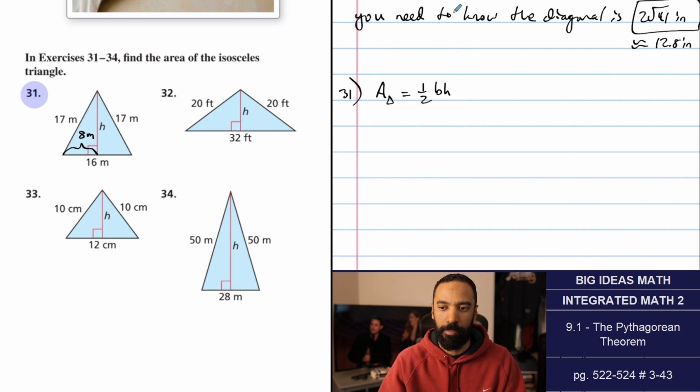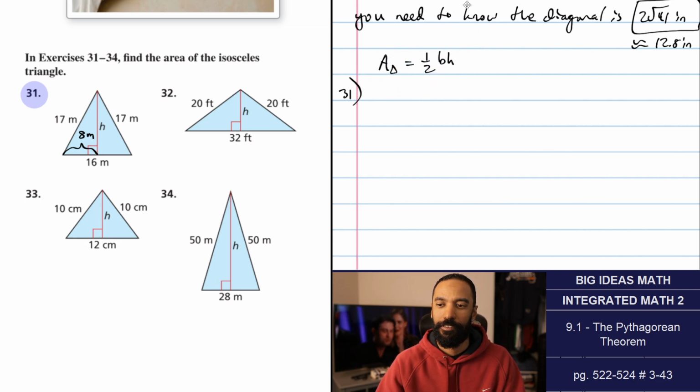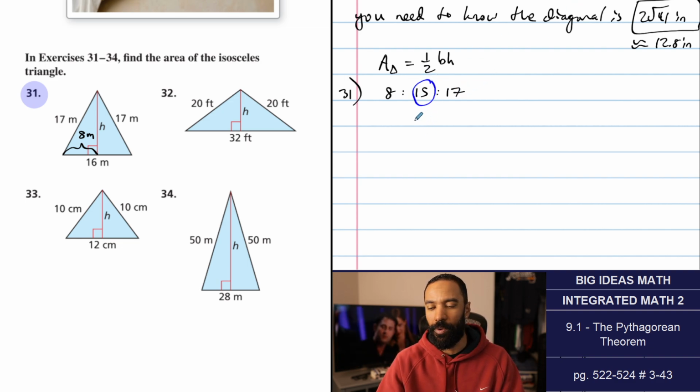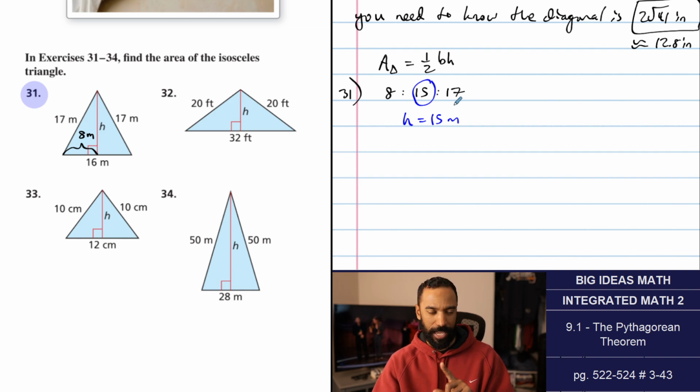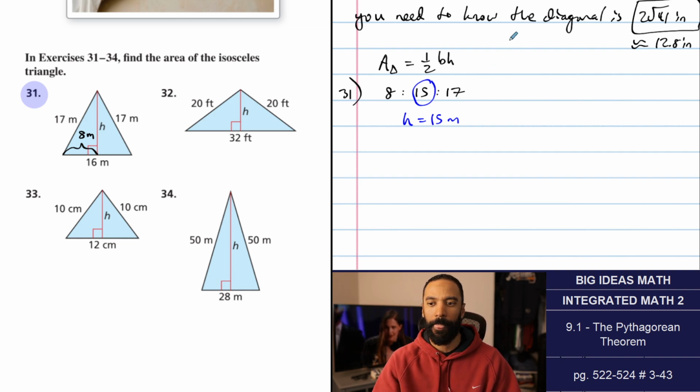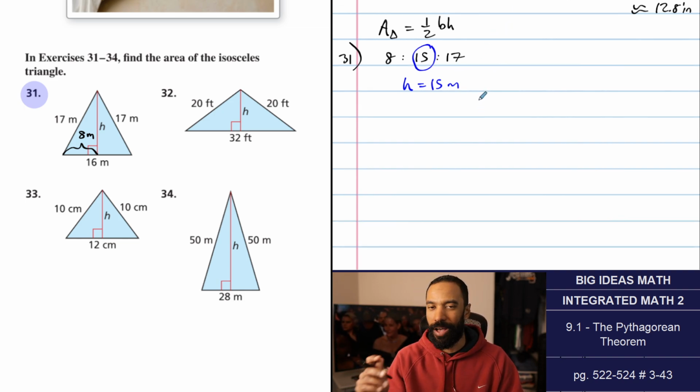Now, for the sake of this problem, I'll take what we have over there and note that this is an 8, 15, 17 Pythagorean triple. You have to recognize that at some point they want you to know your Pythagorean triples. So h is 15 meters, especially because this isn't the answer to the question. We still have more to do. So if I see a Pythagorean triple, I'm using it. I hope you know that.